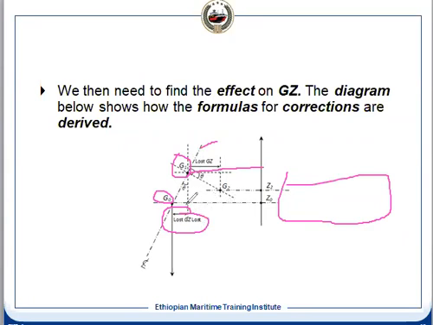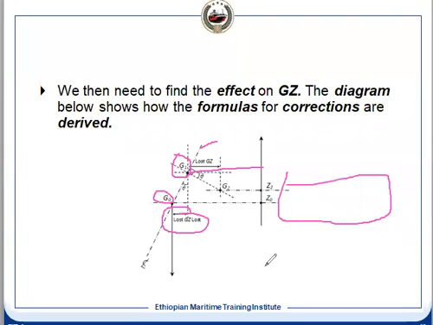Then we can find this loss of GZ, because this is theta. So the loss of GZ is equal to sine theta multiplied by G0G1. Now GZ has changed. The curve has changed. It will not be the same curve; there will be a correction for that.